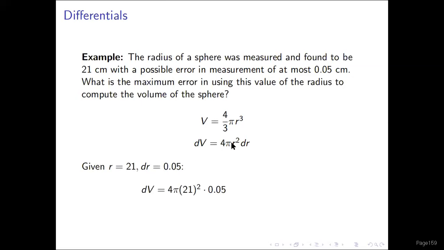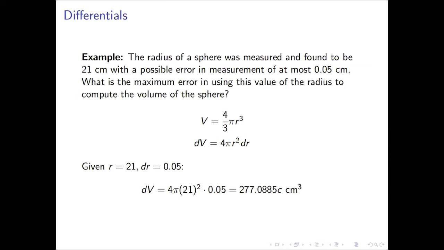Plugging in here, just plugging in, then calculator work, you get that error. So if I'm going to measure or compute the volume, I expect at most an error of this much, 277 cubic centimeters. And since it's centimeters, it's rather a very small error.